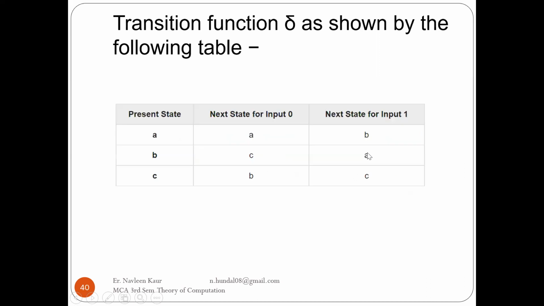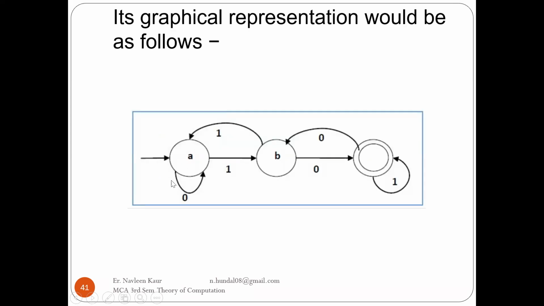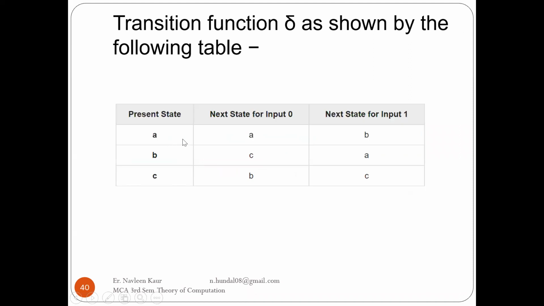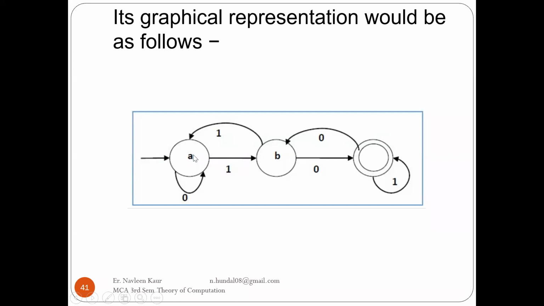On the basis of what I have explained, this is the diagram. This is the transition table: if A is getting 0, it is moving back to A. But if A is getting 1, it is moving to B. Again, next.